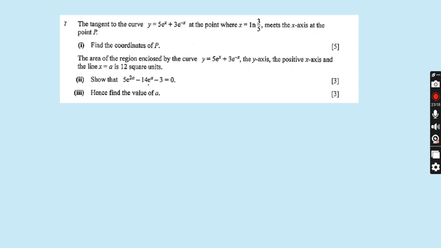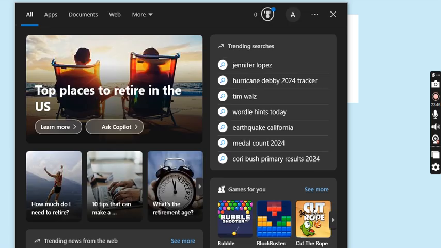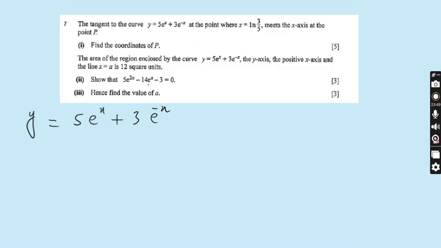See this question, the tangent to the curve y is equal to 5e^x plus 3e^(-x), where x is equal to ln 3 upon 5, meets the x-axis at point P. Find the coordinates of P. So the tangent to the curve means we have to find the equation of tangent.